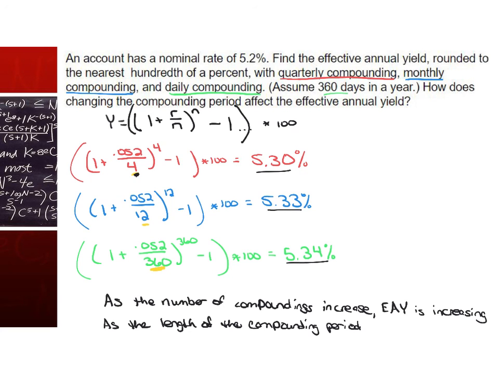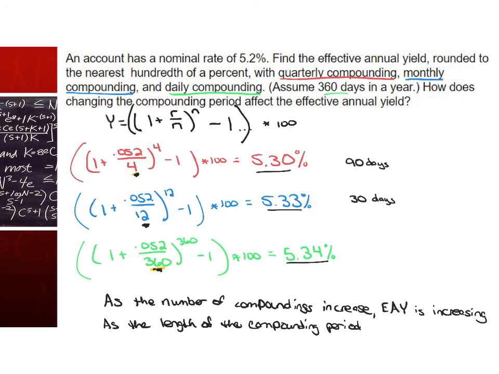If we have 4 compounding periods in a year, that means that each is about 90 days. When n is 12, my compounding period is only about 30 days.